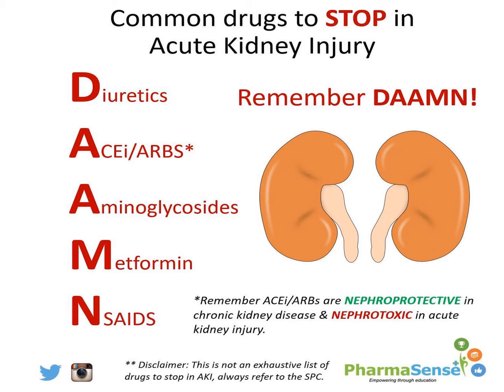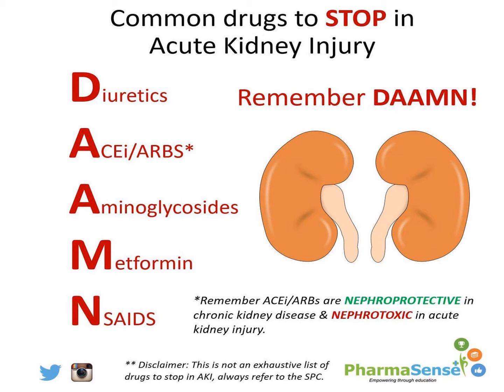So diuretics, for example, work on the kidneys, and they force electrolytes and water to continue down the nephrons and out of the kidney and into the bladder. So if you're already dehydrated and the kidneys have already taken an injury from the dehydration, and now we add a diuretic to force them to work harder, that could be harmful to the kidneys.